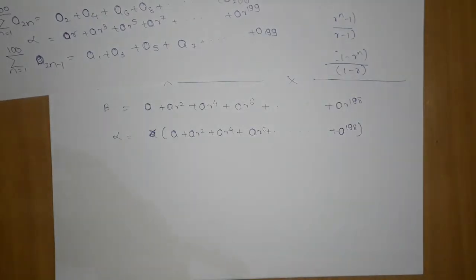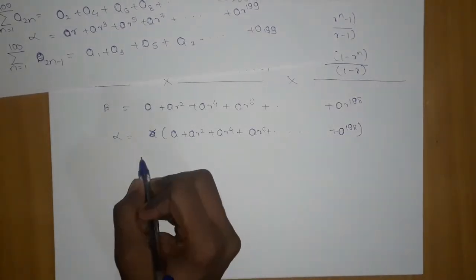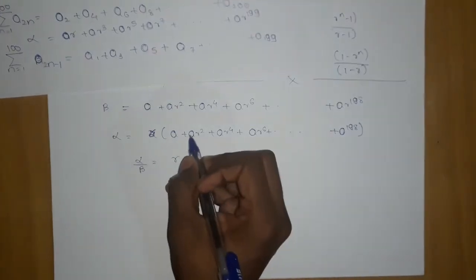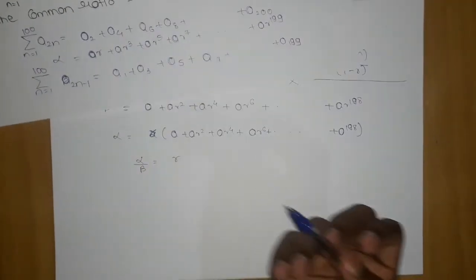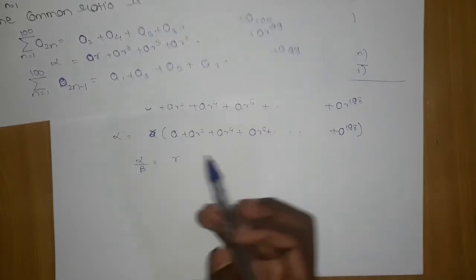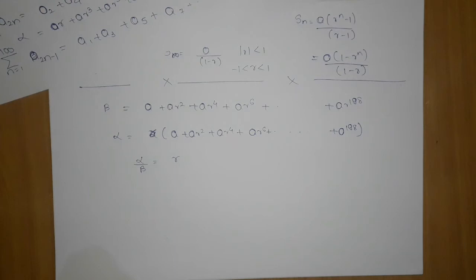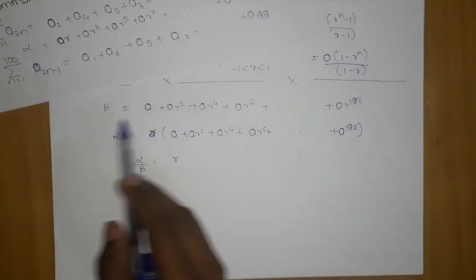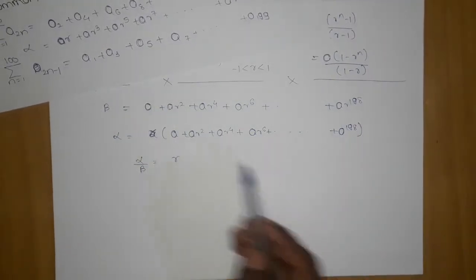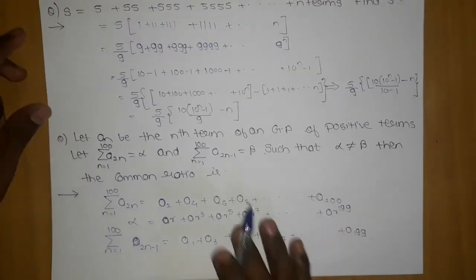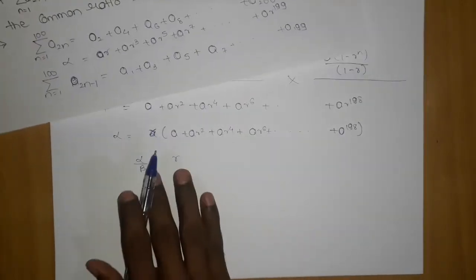And this is our alpha. Now if I divide alpha by beta, what do I have? r. This term whole will cancel out with beta, which will give me r. And they told us to find the common ratio, which is nothing but alpha by beta.